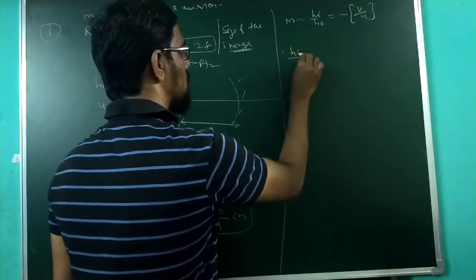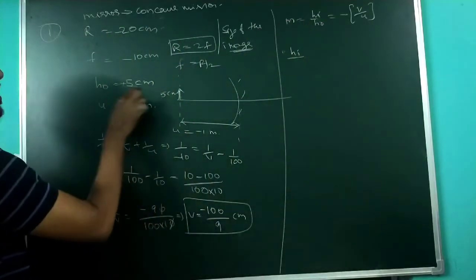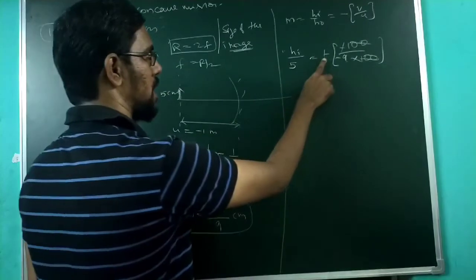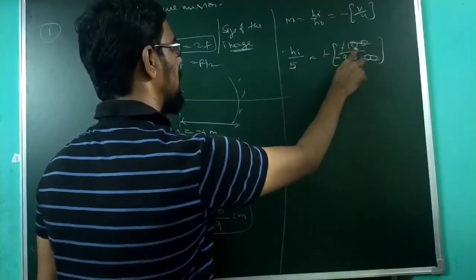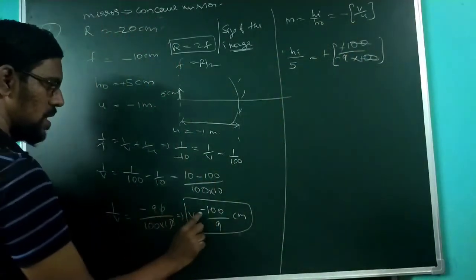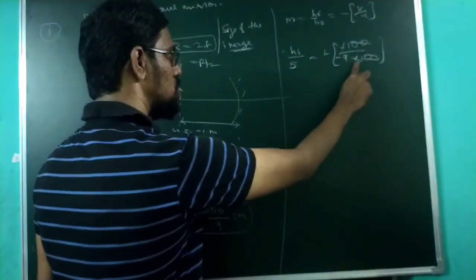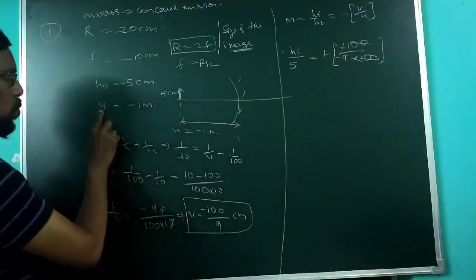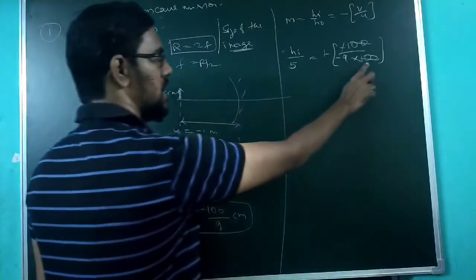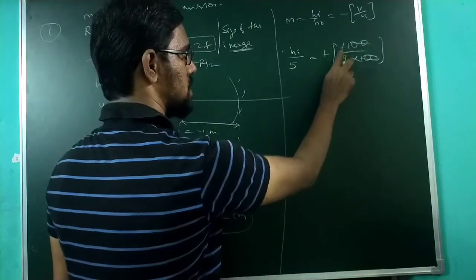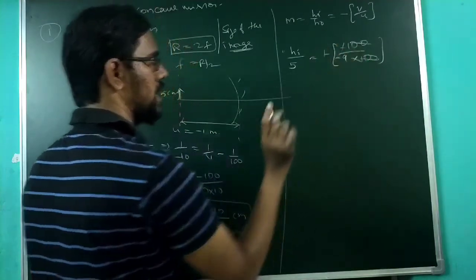So HI by HO, that is HI by 5, is equal to minus of V by U, and V is minus 100 by 9, divided by the object distance U, minus 1 meter, that means minus 100 cm. So minus and minus get cancelled, and 100 gets cancelled.